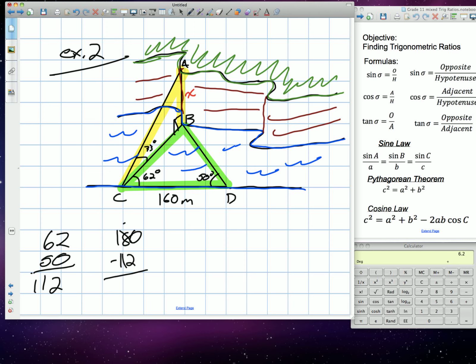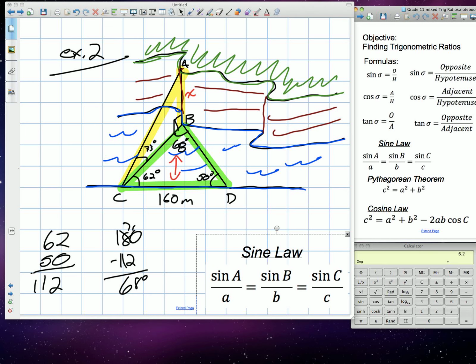So we definitely know that this is not a right angle triangle. We can now use our sine law to set this up. We have a complete ratio. We have an opposite side and an opposite angle. So we're going to bring our sine law in. We're going to solve with this. We'll call angle A 68.